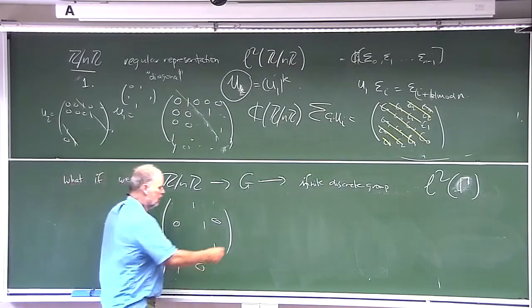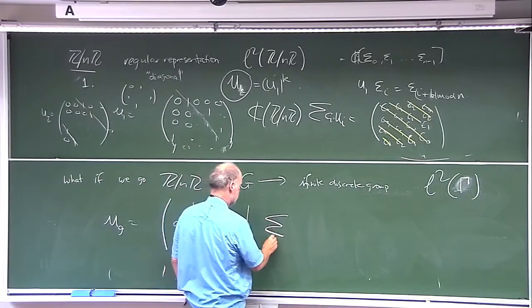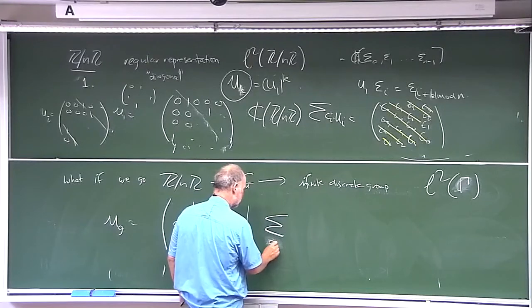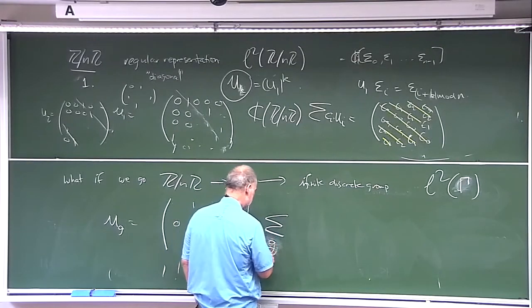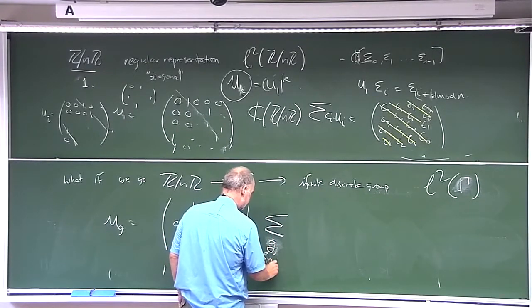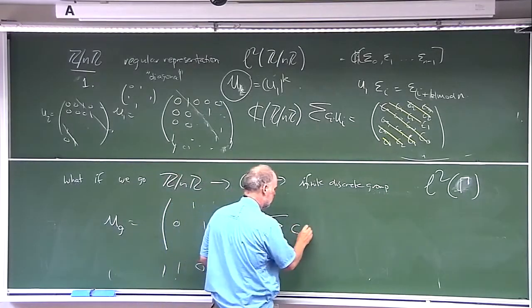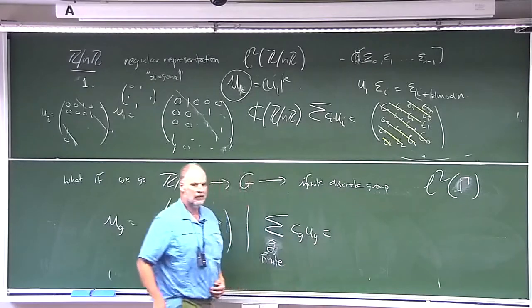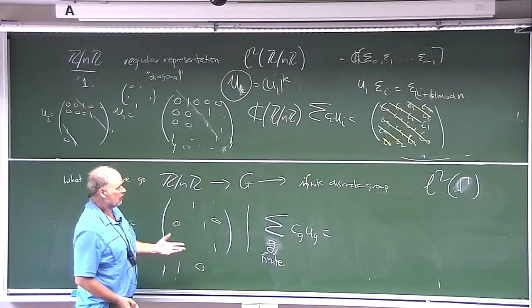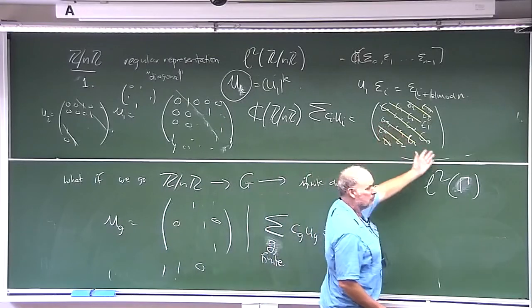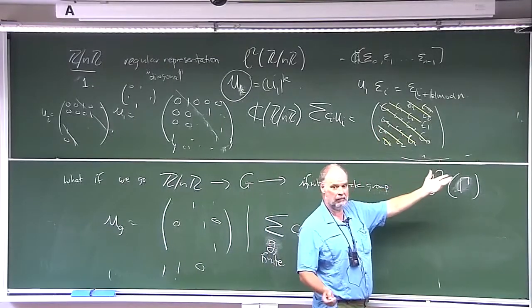So now, if we take linear combinations, a finite sum over the group of constants CG, what does that look like as a matrix? Well, what happened in the finite case was that the CGs were displayed along these diagonals, same thing.